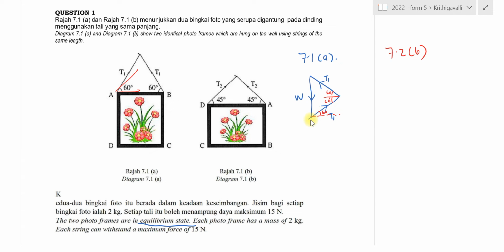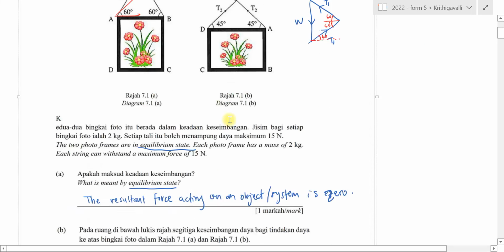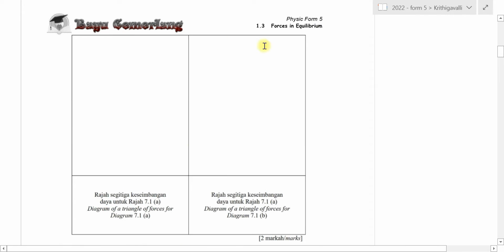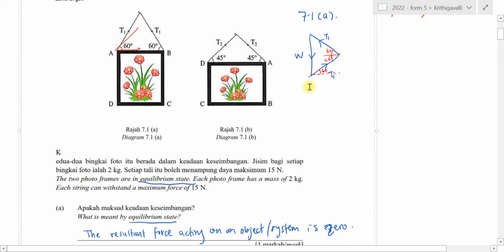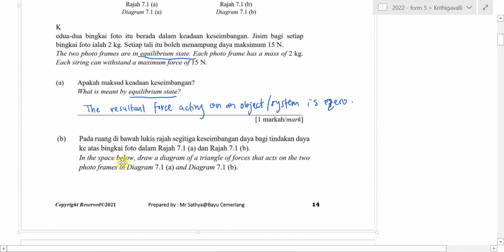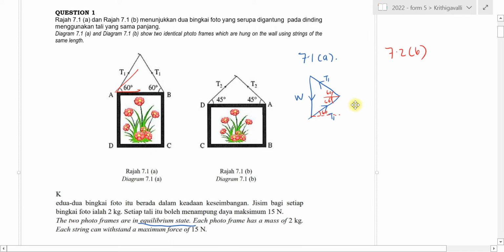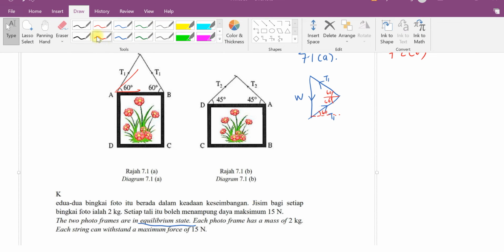Make sure you use your protractor and measure the angle 120 degrees, because why do they want to give us such a big space? They should have told us whether it's a scale drawing or not, but they never told us. I will suggest you use your protractor and draw the exact angle if you can. If you cannot, it's okay.